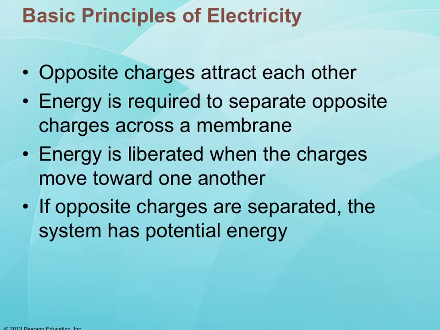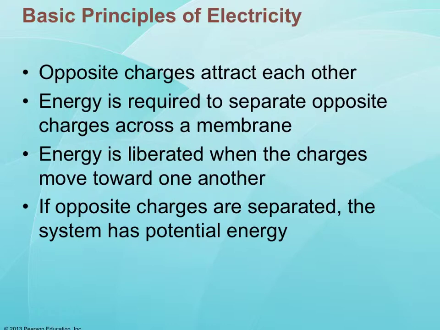If they attract each other, to separate them you need energy. And when the charges move toward one another, that energy is liberated. If opposite charges are separated, the system has a potential energy.